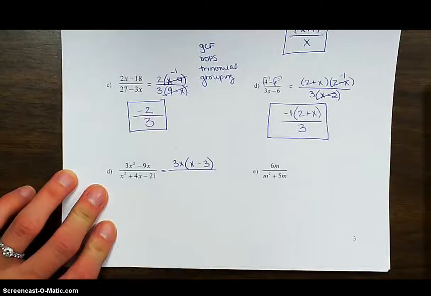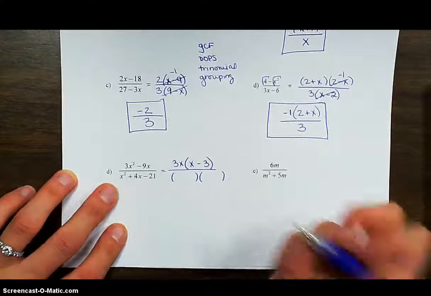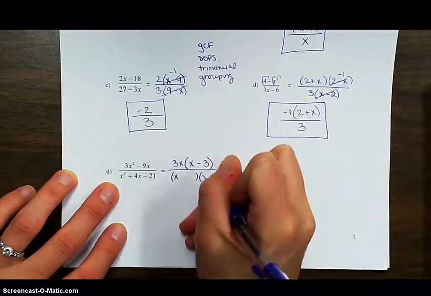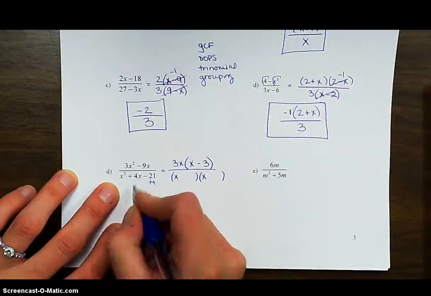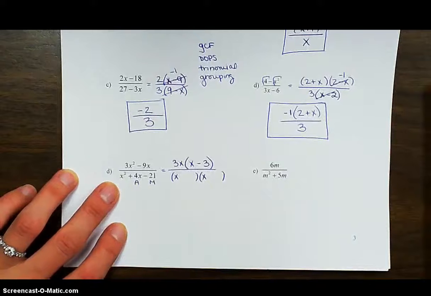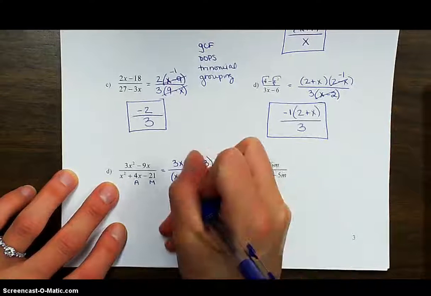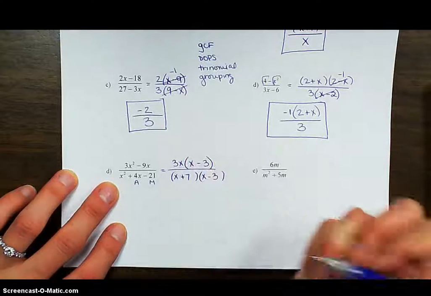So this is a trinomial. So I get 2 sets of parentheses, x, x. Now I need to find 2 numbers that multiply to negative 21 and add to positive 4. Okay, and that's going to be plus 7 minus 3.